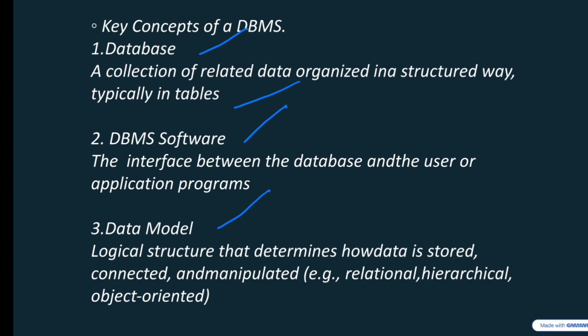The DBMS software is the interface between the database and the user application programs. A data model is a logical structure that determines how data is stored, connected and manipulated. Examples are relational, hierarchical and object-oriented models, which is called data modeling.